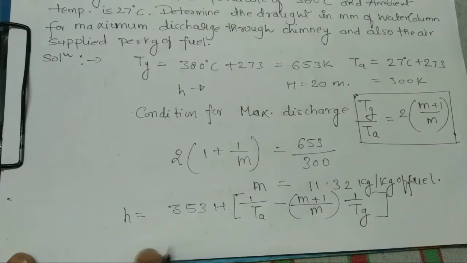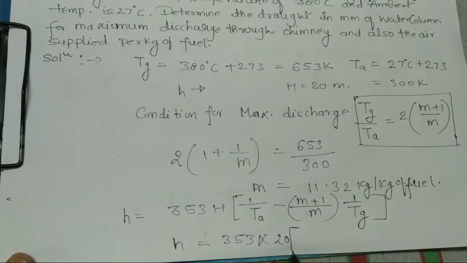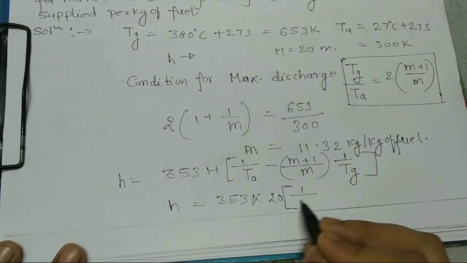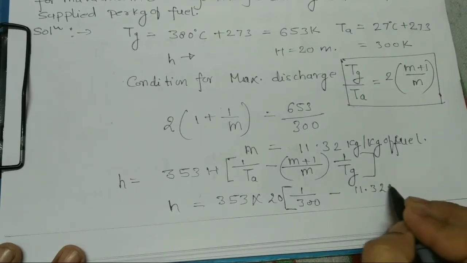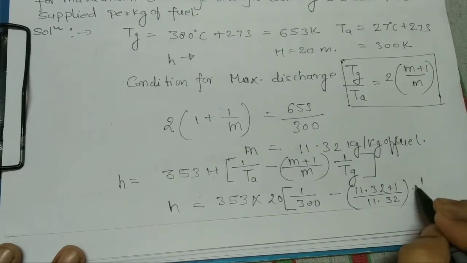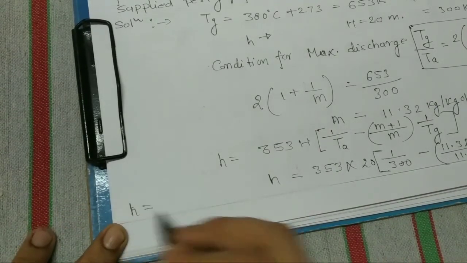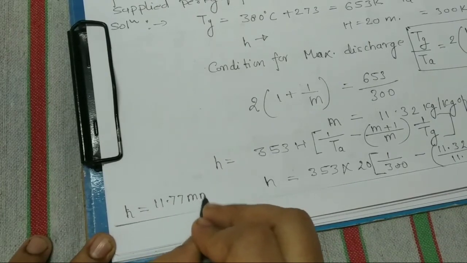So if you put the values, capital H is given 20 meter, so small h is equal to 353 into 20 into 1 upon Ta, that is 300, minus 11.32 plus 1 upon 11.32, into 1 upon Tg, 653 Kelvin. After solving this, h comes out 11.77 mm of water.